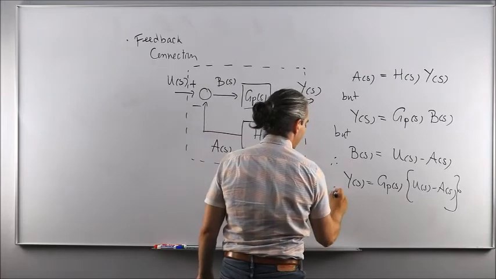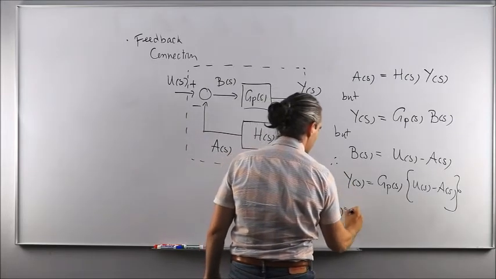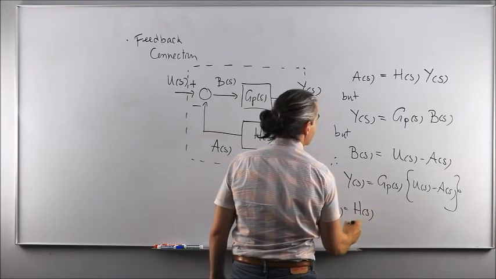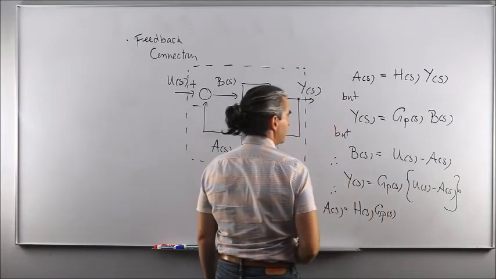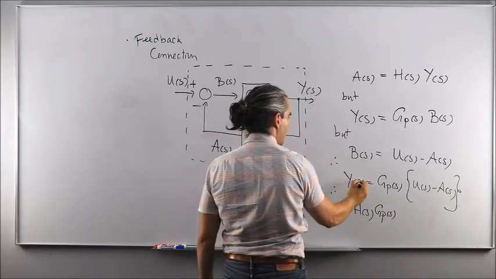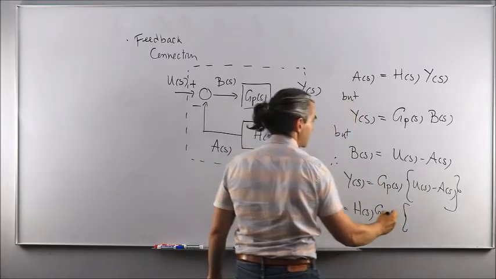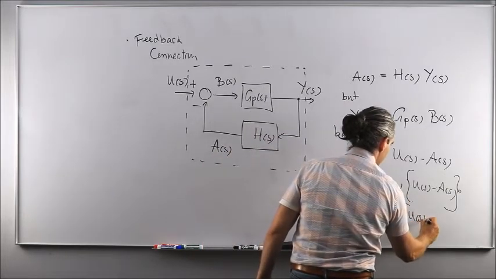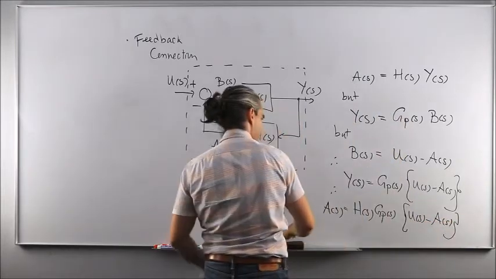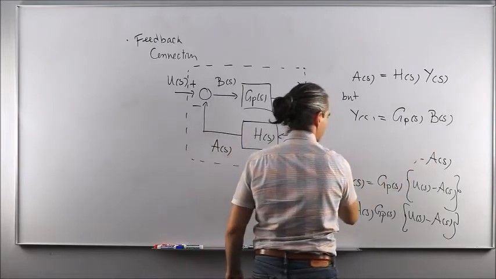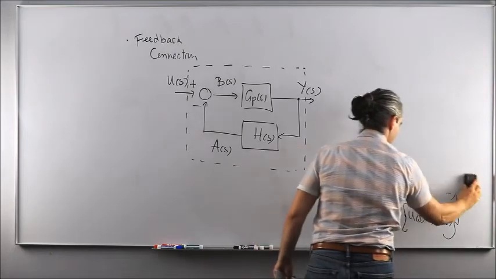I'm going to say, therefore, a of s, the original equation, is going to be equal to h of s times gp of s times y, but y is this with the gp, but times u of s minus a in the s domain. Okay?